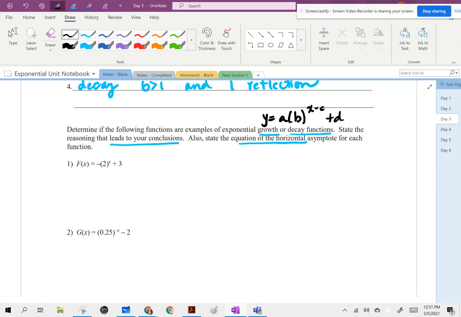So let's take a look at A. The A value is negative. So A is less than 0.